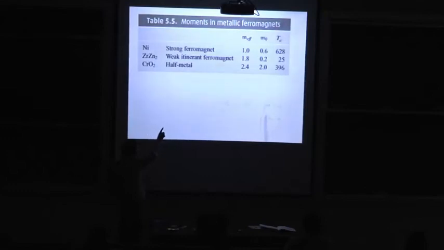If nickel has a saturation magnetic moment of 1.0, this weak itinerant ferromagnet, the zirconium zinc compound, has 1.8, chromium dioxide, which is a half metallic material, is 2.4. And notice that for the half metal, you have an integer number of Bohr magnetons, 2.0.